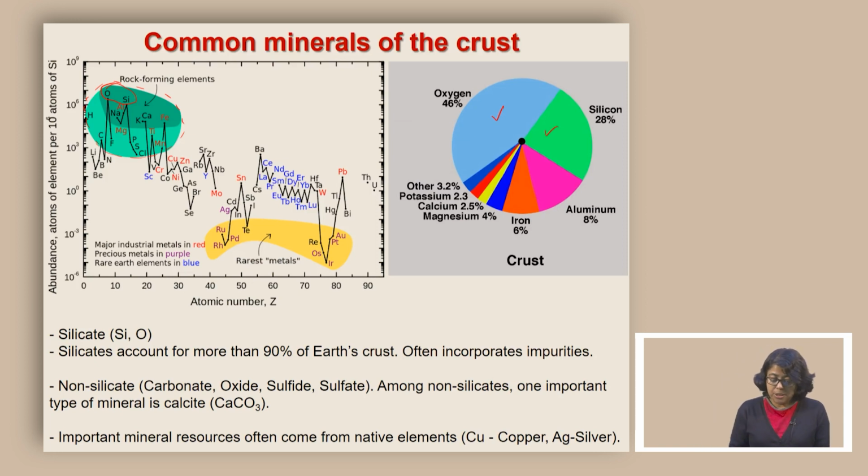We should also pay attention to these elements which are relatively rare metals, and we do not really find them much on the crust, and therefore, they are also some of the most valuable metals because they are so rare. Apart from oxygen and silica, we also find non-silicate minerals, which include carbonates, oxides, sulfides, sulfates.